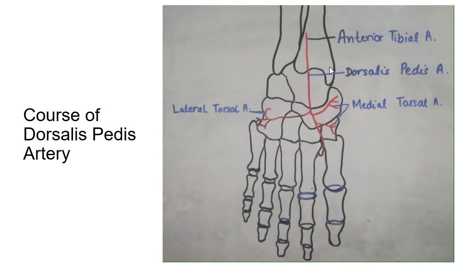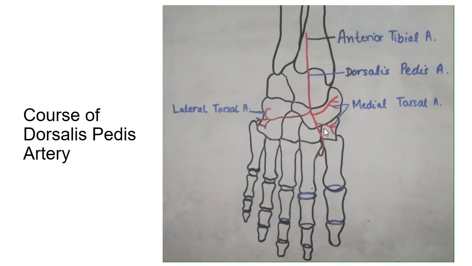This is the tibia, this is the medial malleolus of tibia, this is the fibula, and this is the lateral malleolus. This large bone, which you know articulates with the lower end of the tibia, is the talus. This is the calcaneum. This bone is the navicular bone. This is the cuboid, and these three small bones, which you can see here, are the cuneiform bones.